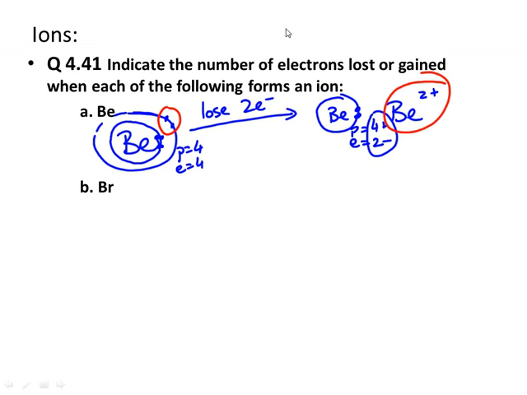The second option that beryllium has is that, instead of losing the 2 valence electrons, it could gain 6 electrons from somewhere. If it did gain 6 electrons, the first shell already has 2 electrons, and now the second shell has its original 2 electrons and also the 6 new ones.